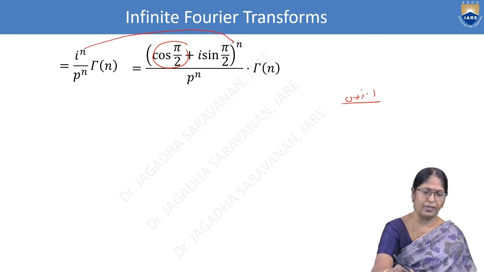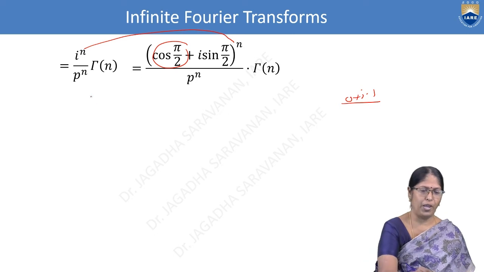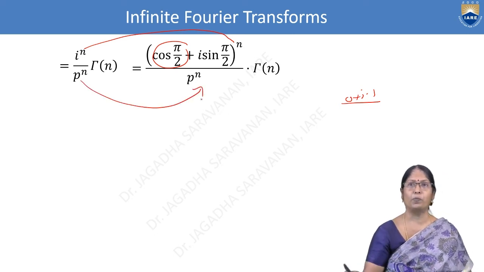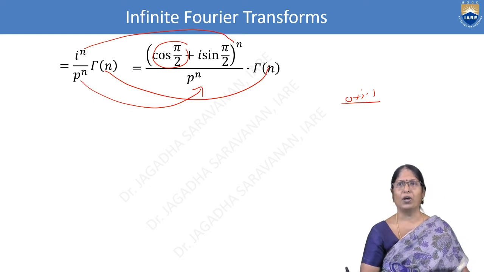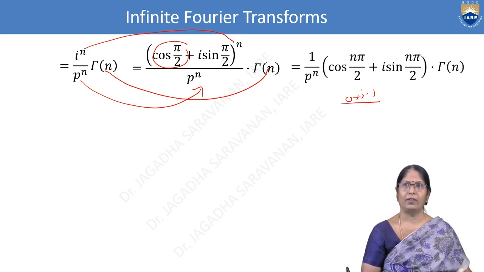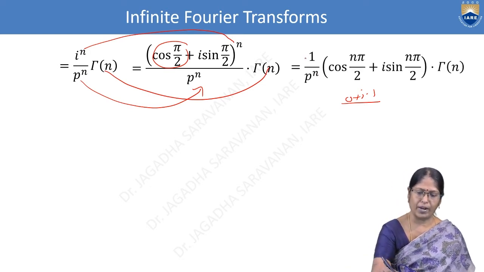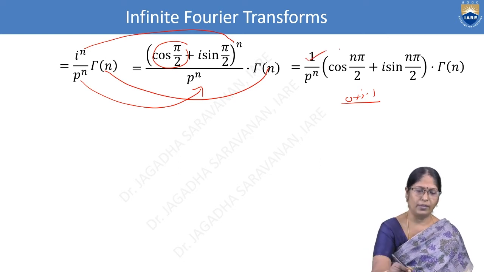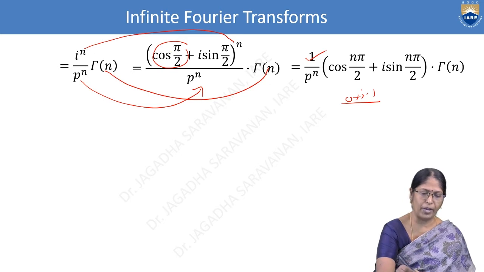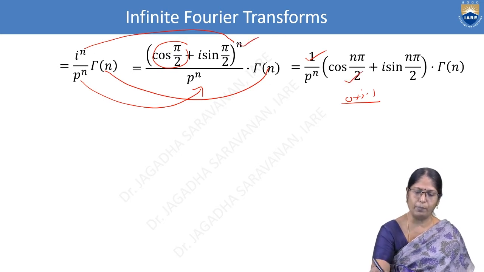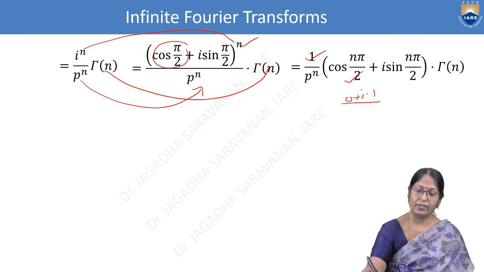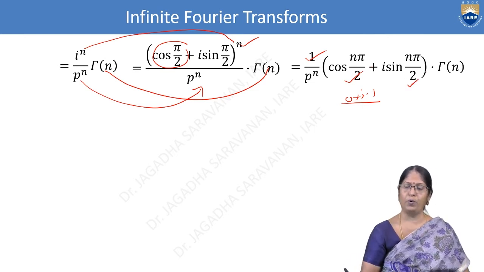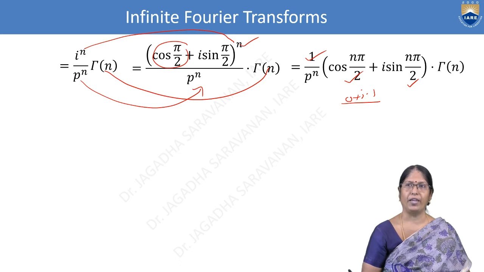The n stays as n, p power n stays as p power n, gamma n stays as gamma n. 1 by p power n is taken out, and this n comes inside, so pi by 2 into n becomes n pi by 2 plus i sine n pi by 2, into gamma of n.